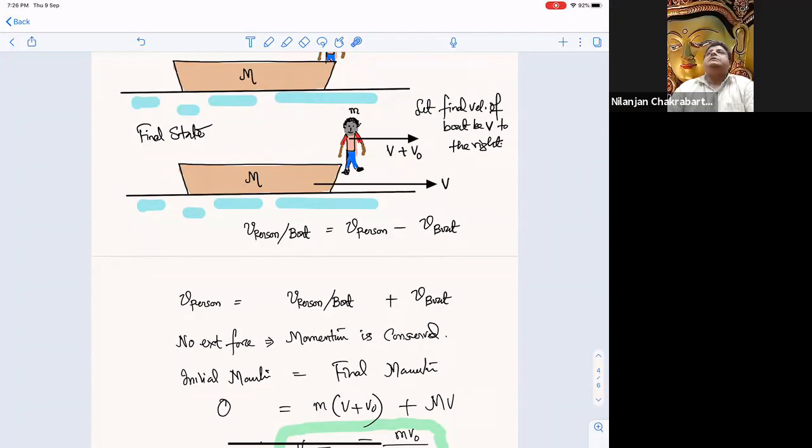Suppose there is a block or a body, there are so many molecules and atoms, there are so many forces, so why don't we bother about those? Okay, so that is the thing, that we choose our own system for our convenience to conserve momentum.